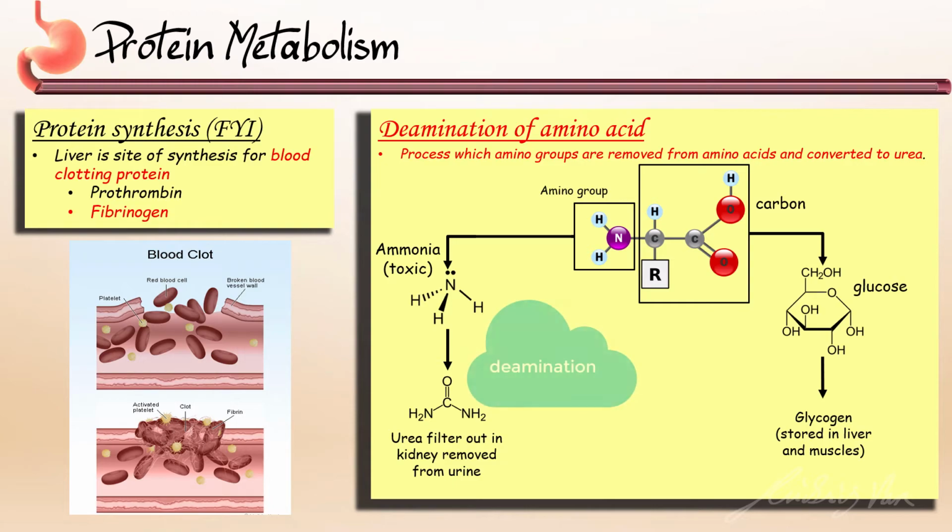So just take note, the reaction on the left is deamination, and the process on the right is not deamination, because deamination is converting amino acid into urea. The reaction on the right is just to convert the remaining part of the amino acid into something useful, which is glucose, that will be converted into glycogen.